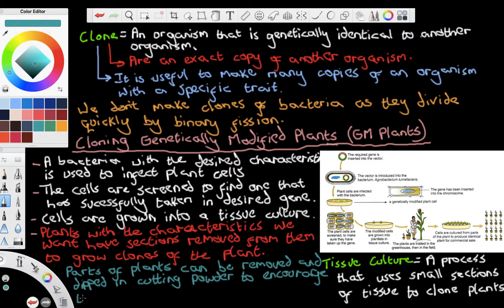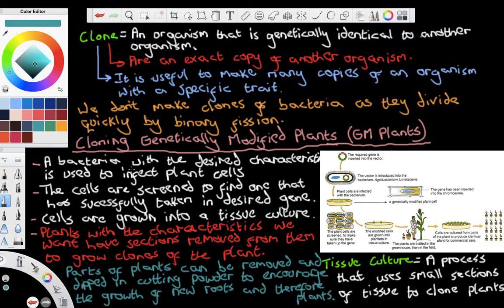To encourage the growth of new roots and therefore plants.